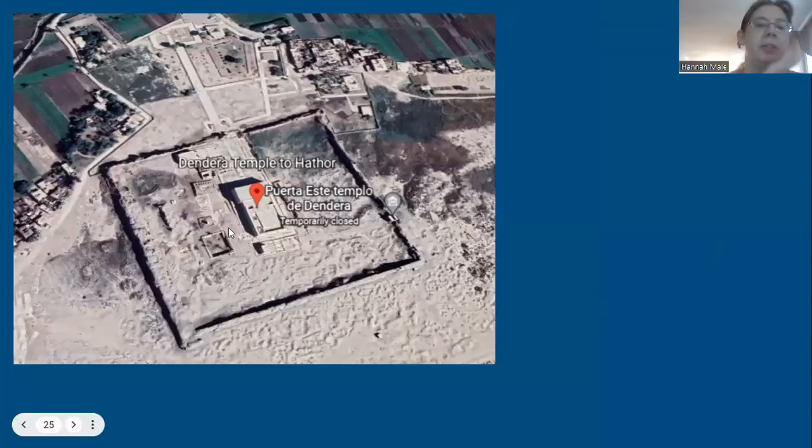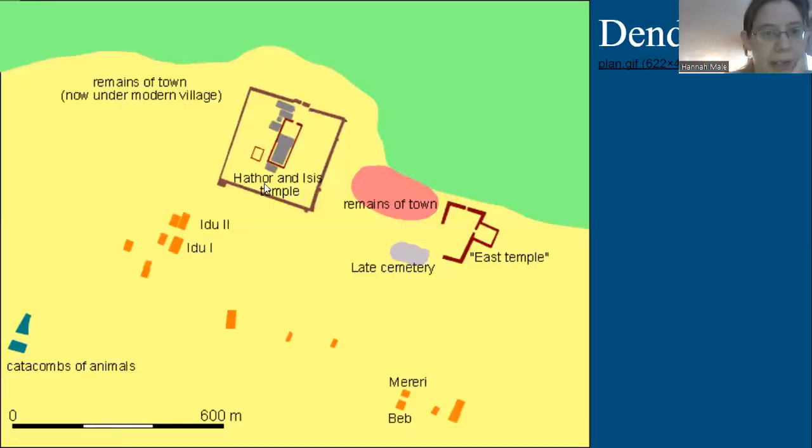So one of the buildings on Dendera is a temple to Hathor. So that's what this structure is here. On the map, it's that building here.